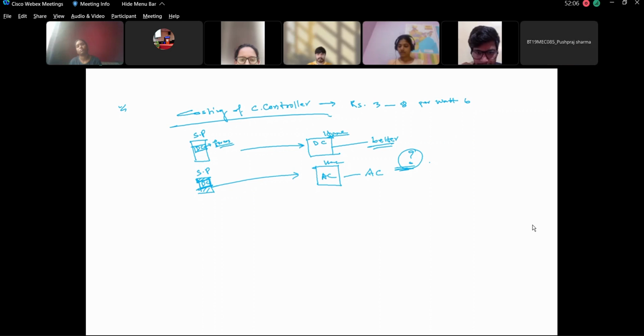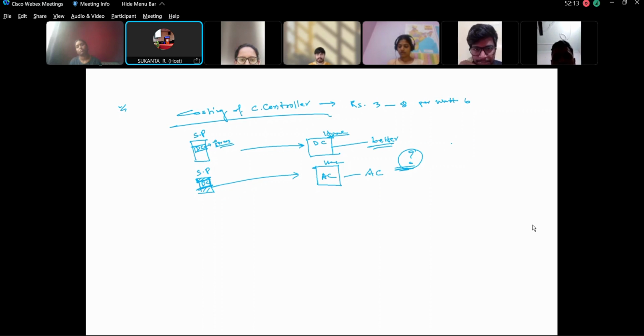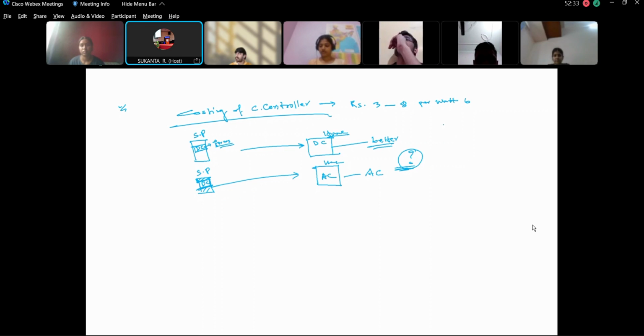So one thing here, if we talk about the appliances which have higher efficiency, what does higher efficiency mean? Yes, it will take less energy. More efficient appliance means it will take less energy.